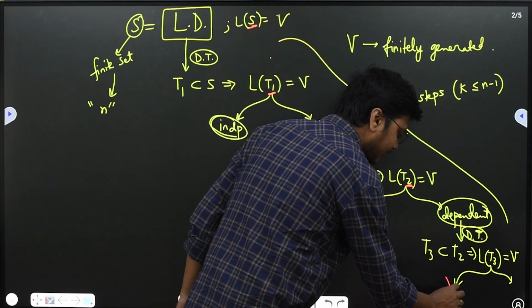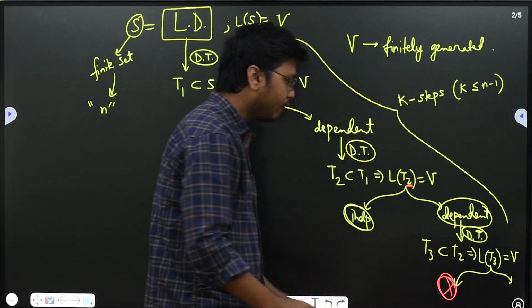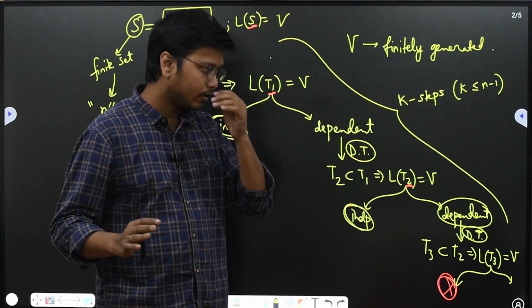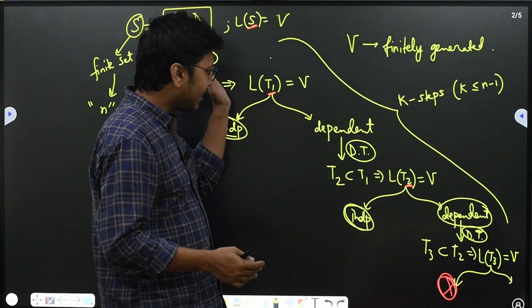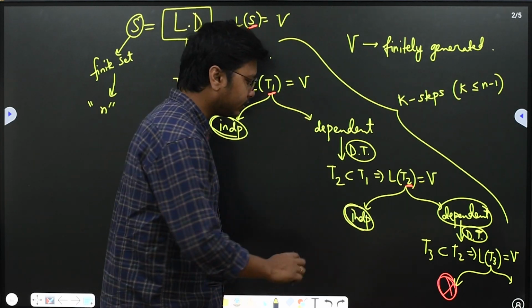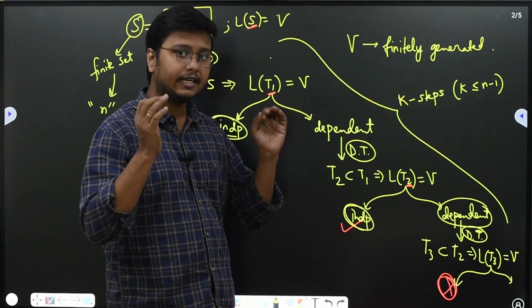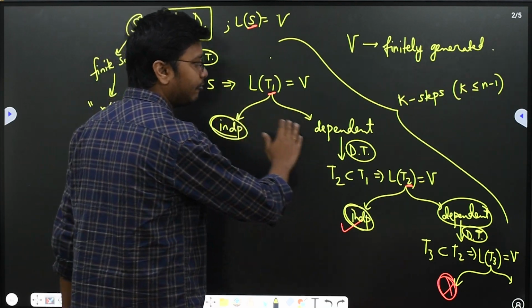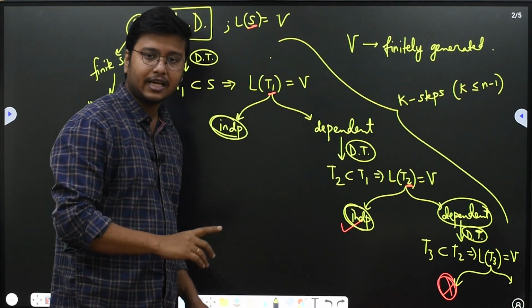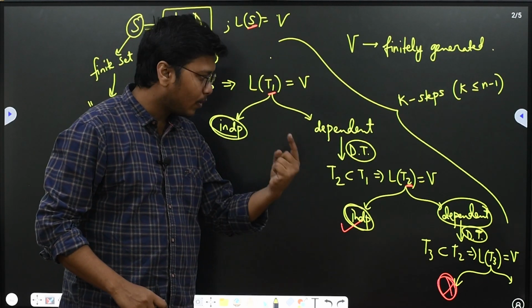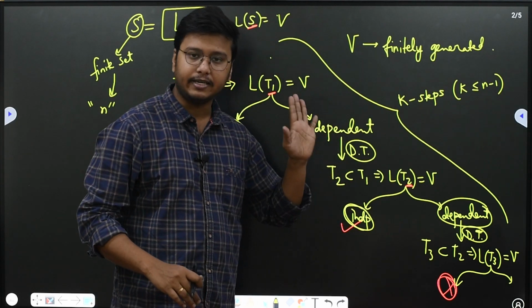The process has to stop ultimately when you have done a maximum of n minus 1 deletions. Maybe it can happen that after 2 or 3 deletions you reach the independent stage and the process stops. In the worst possible case, you may have to delete n minus 1 times and obtain a set which contains only one element, and that one element is definitely linearly independent.